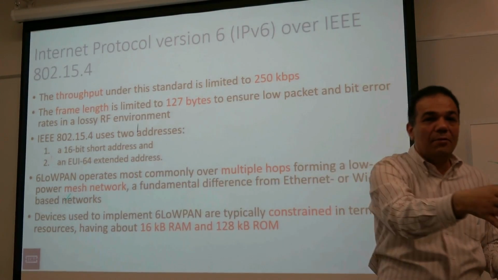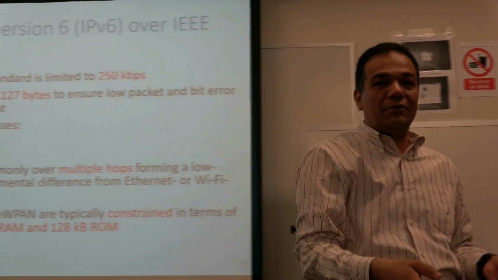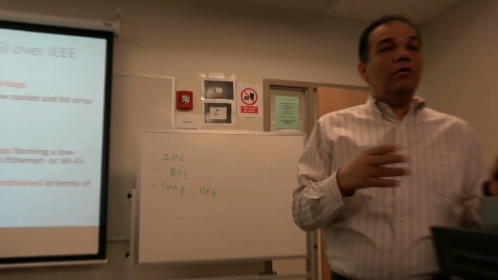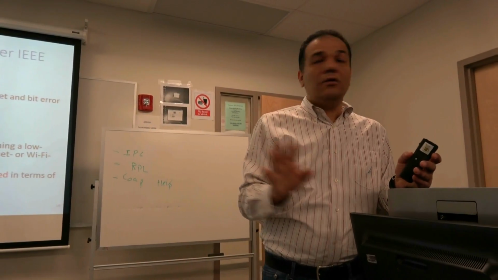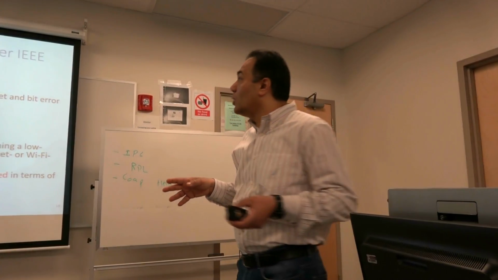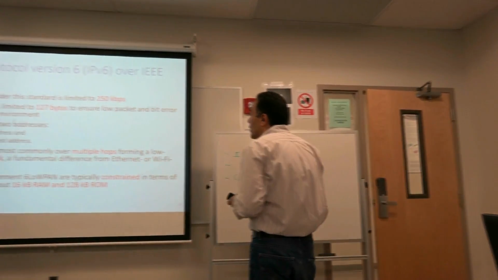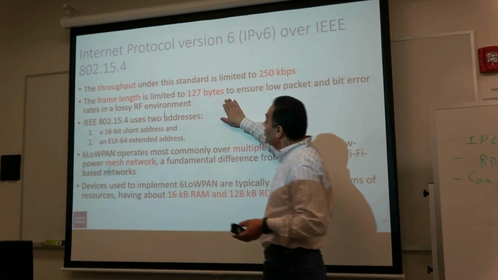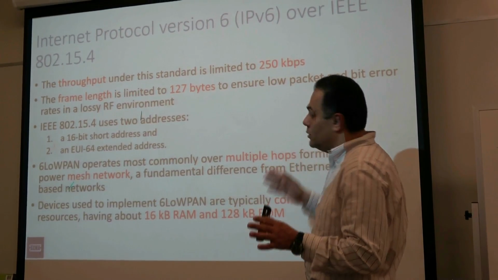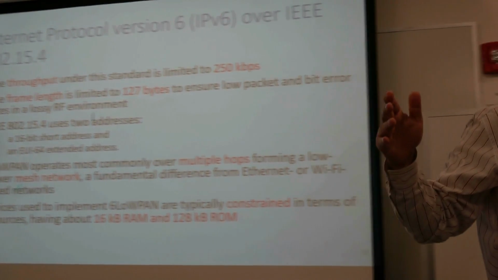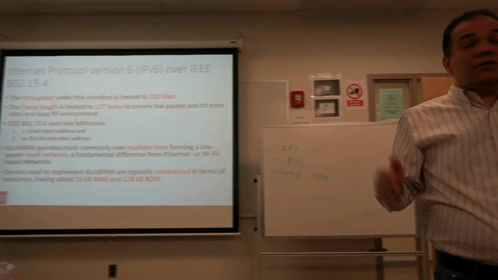Nowadays we talk about gigabits per second in regular communications, right? At your home you could get 100 megabits per second. For IoT devices, the standard talks about only 250 kilobits per second, which is like a quarter of a meg. The frame length is only 127 bytes. So we have short frames and low speed in these devices.